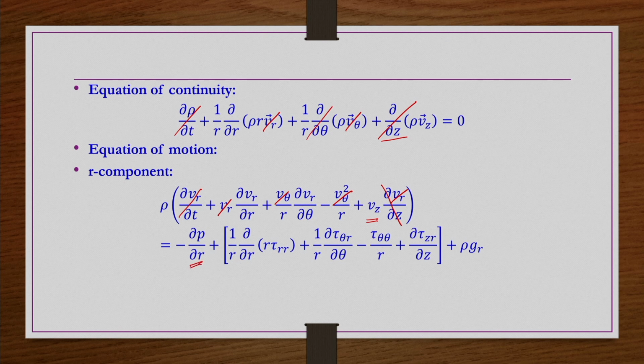And then pressure: in general we do not have any information about the pressure boundary conditions for most fluid flow or momentum transfer problems. So we cannot make any judgment whether that particular term should be included or not, and we just retain it as it is.